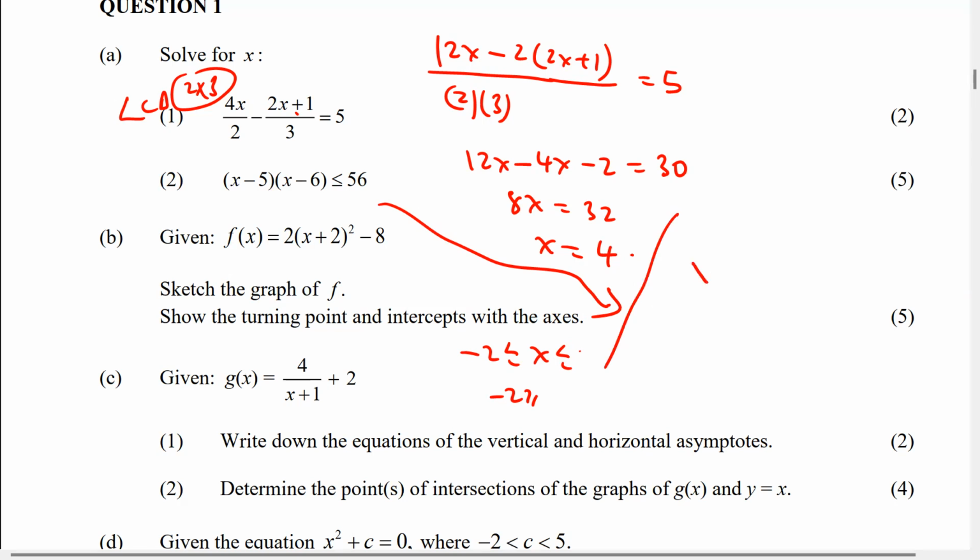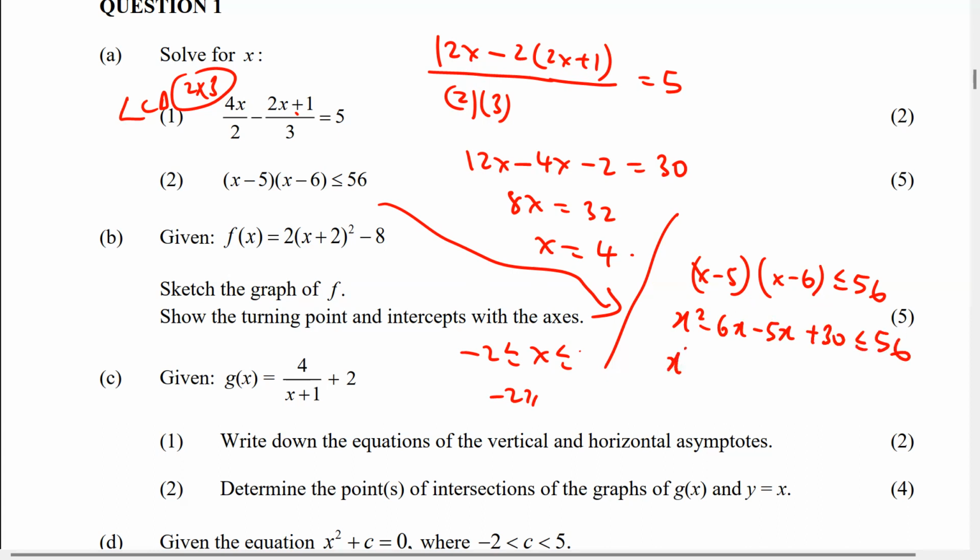But obviously now, if you have (x minus 5)(x minus 6) greater than or equal to 56, you need to first multiply this out. You just have no other way. x by x gives x squared, minus 6x, minus 5x, plus 30 is just equal to 56.